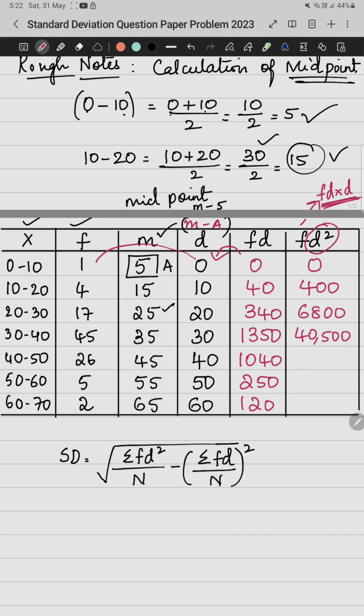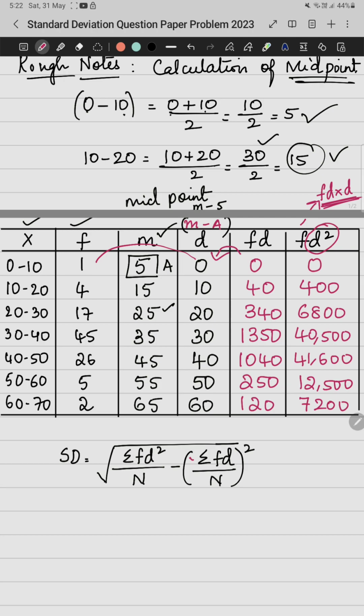Then 1040 into 40 is 41,600. Next, 250 into 50 is 12,500. Then 120 into 60 is 7,200.